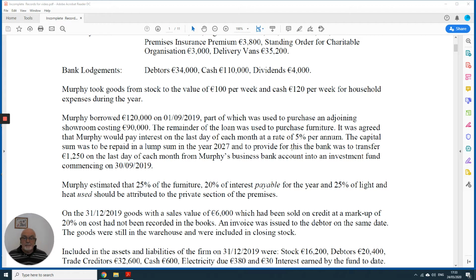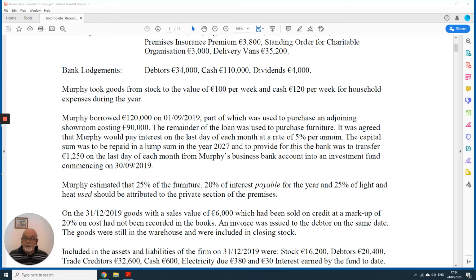Now, as is typical with these questions, it's quite common that the loan isn't paid back by instalments as you would with a term loan, but is paid back in some lump sum in a future date. And what they're suggesting in this question is that the full €120,000 will be paid back in 2027, so that the 120,000 will remain as a long-term liability until then, or until the year before that.